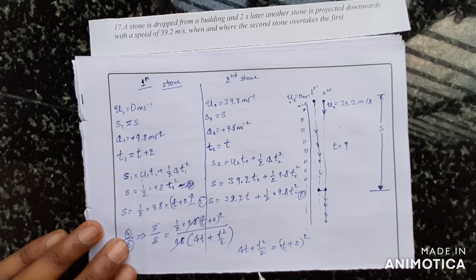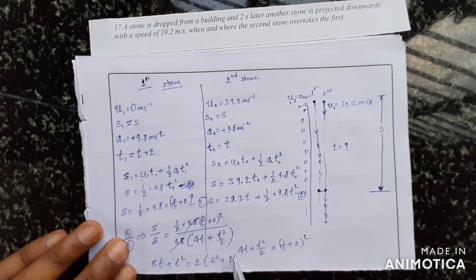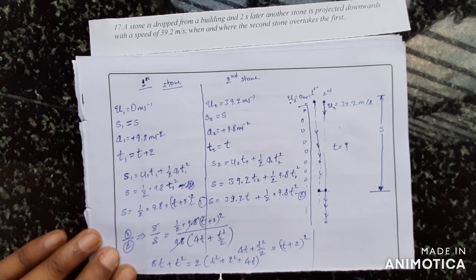If I take the LCM, it will become 8t plus t squared is equal to 2 of t plus 2 whole square, t squared plus 2 squared plus 2 into 2 into t, 4t, right? Simplify this.